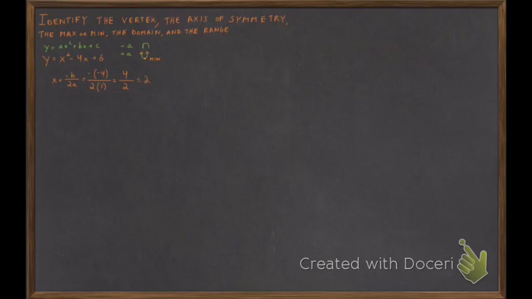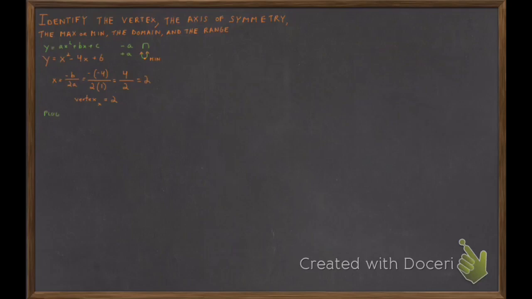So we could write that, vertex sub x equals 2. Now that we know that our x-coordinate of the vertex is 2, we could find our y-coordinate by plugging in x.